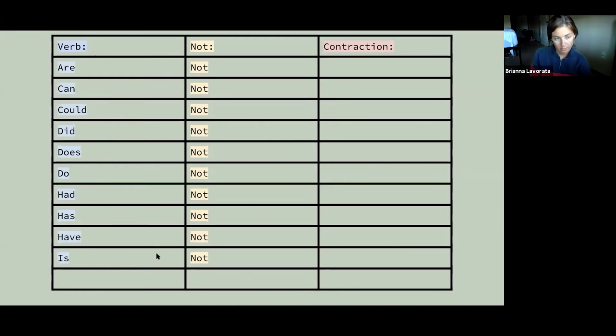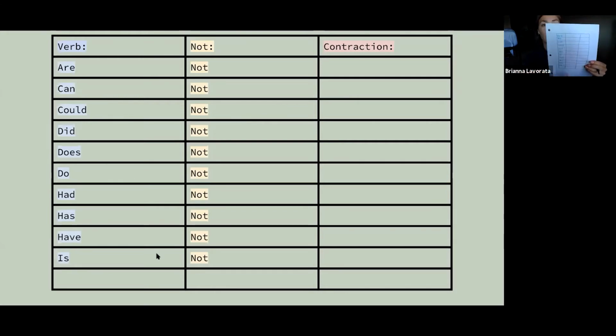Could, did, does, do, had, has, have, is, and then you have the bottom row blank because we're gonna leave that blank because I have a challenge to do at the end for all of us.